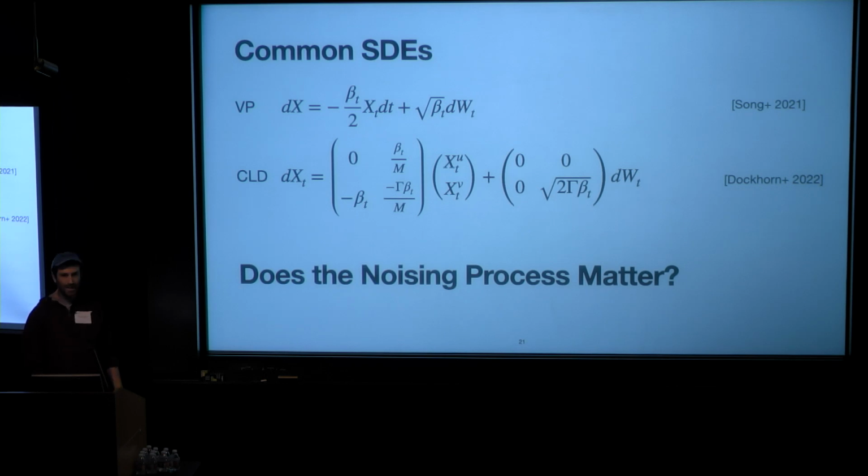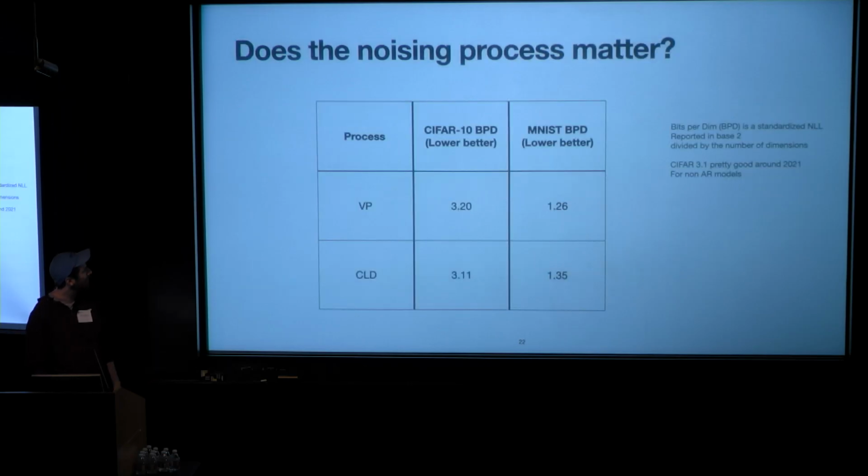And looking at these two choices, if you're just getting started with training diffusion models, a natural question is, does it matter? We saw one example already where it mattered a bit. So here's a pair of simple baseline image generation benchmarks, MNIST and CIFAR. Bits per dim here is bits per dimension, which is just a type of standardized negative log likelihood.